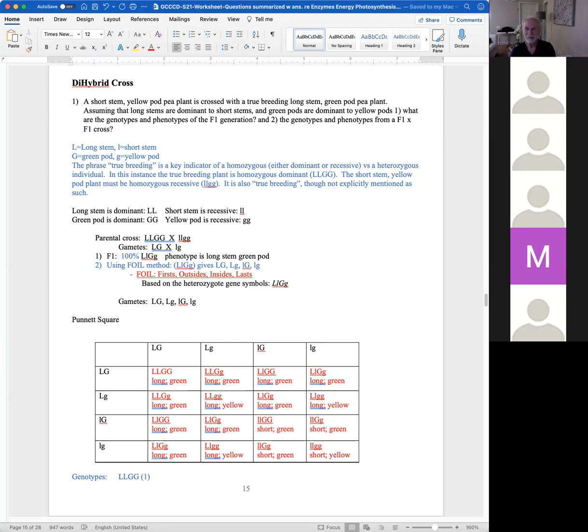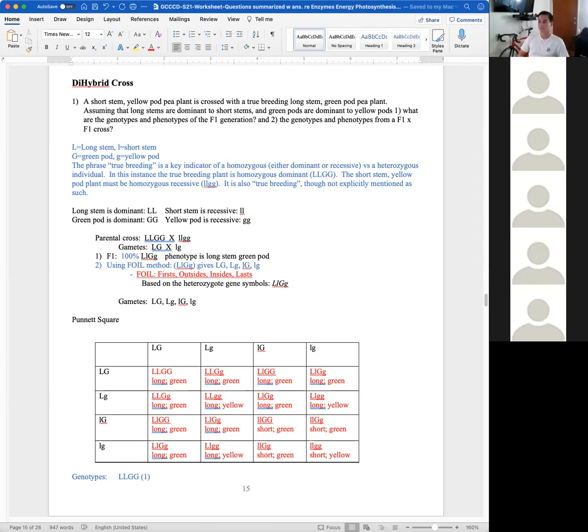So they give us that information here with true breeding. True breeding means inbred, homozygous at all loci for the traits listed. So this parent must be homozygous dominant for long stem and homozygous dominant for pod color, green. That means the other parent must be big L, big L, big G, big G.